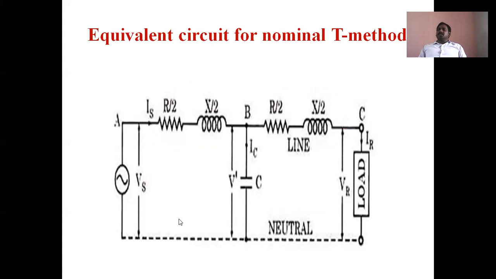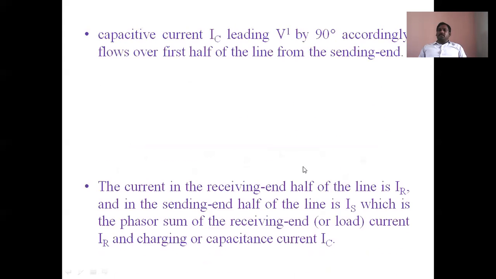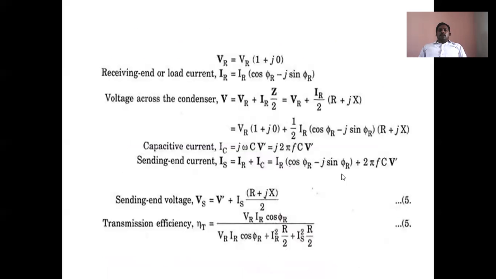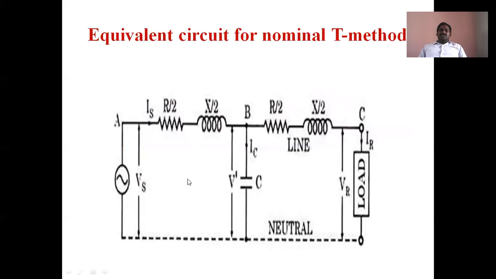This is the total voltage, and some voltage is dropped here. The remaining voltage is Is into R plus Jx by 2, in this section and in this section. That's why the total voltage is Vs. This voltage is dropped across this series line impedance and this series capacitor.